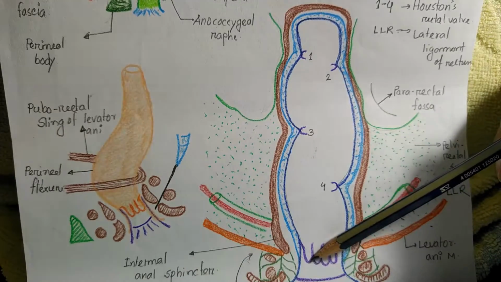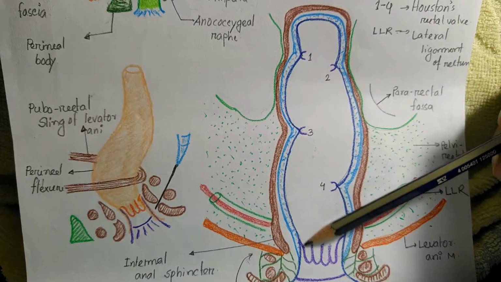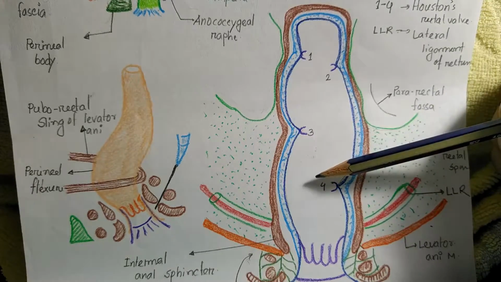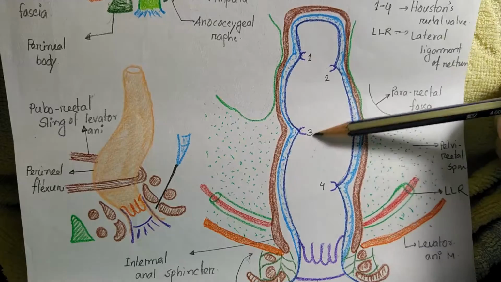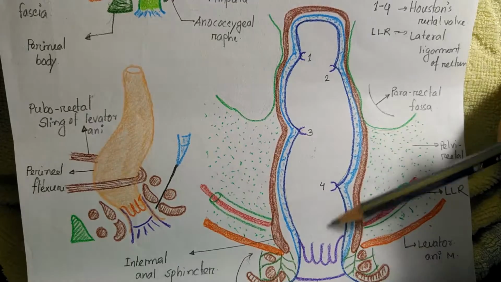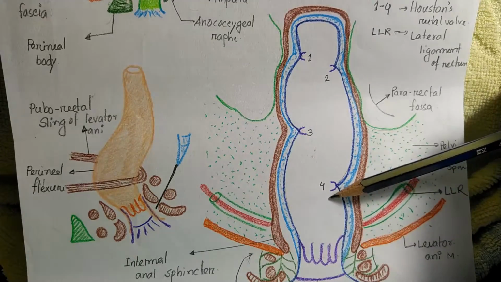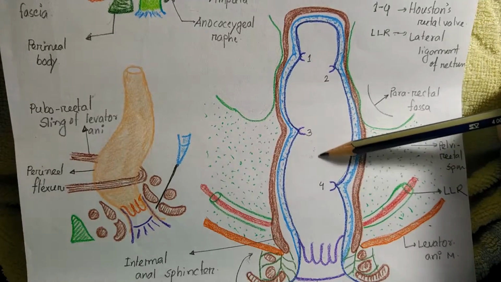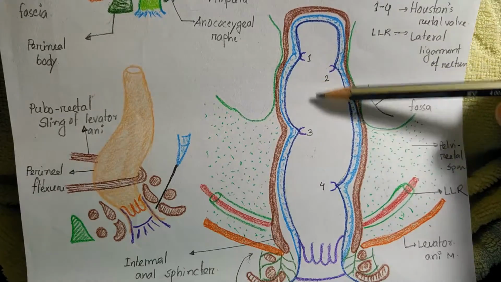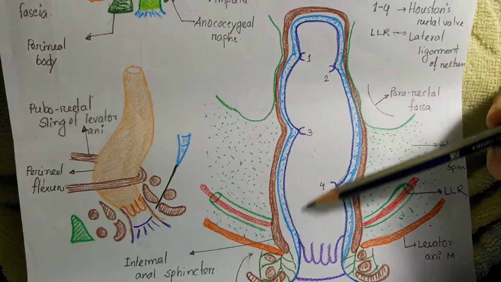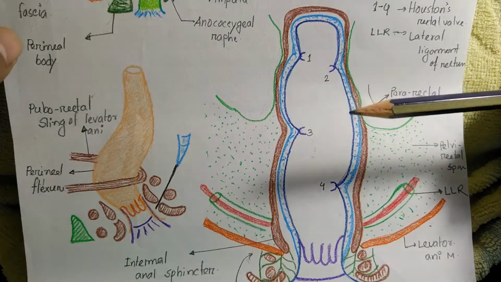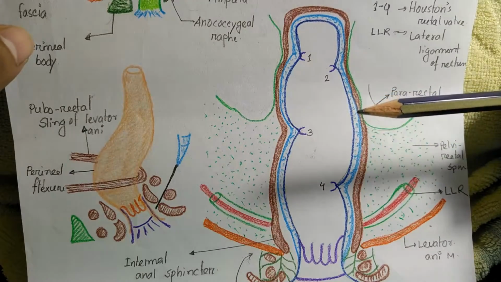So this is the anal canal. The fourth valve is about 2.5 centimeters from the anal canal, and the third valve is 2.5 centimeters above the fourth valve. The first and second valves are about 12 centimeters from the anal canal. So this extension can change. It's not so important, but it is sometimes asked in the exam.